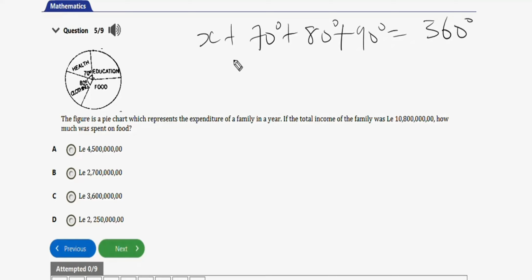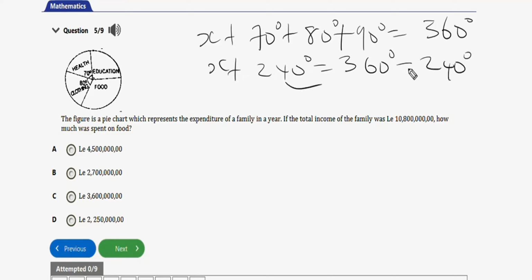When you add everything, you're going to have x plus 240 degrees equals 360 degrees. So if you make x the subject of the formula, x equals 360 degrees minus 240 degrees. So you're going to have the output to be 120 degrees.